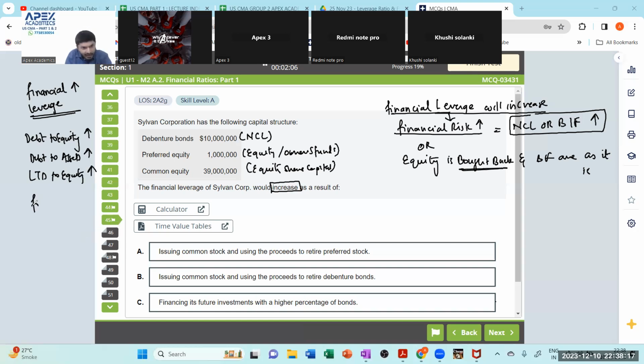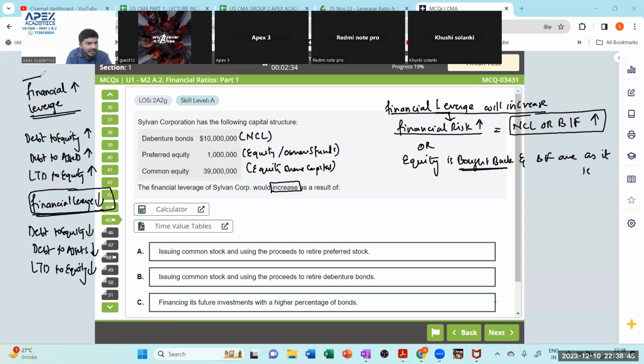And where financial leverage has fallen, you need to understand that debt to equity has fallen, debt to assets has fallen, and long-term debt to equity has also fallen. Do you agree with these analogies? Yes or no?